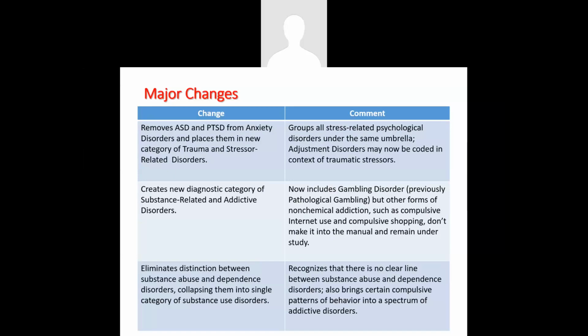Unfortunately, what did not happen is that there was a lot of discussion and a lot of attempts to get complex PTSD as a separate diagnostic category. And that actually does make quite a bit of difference.